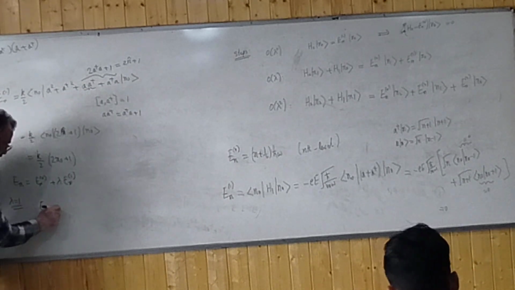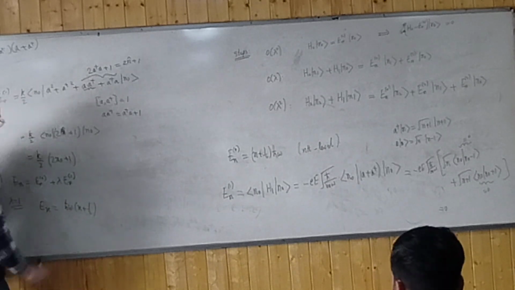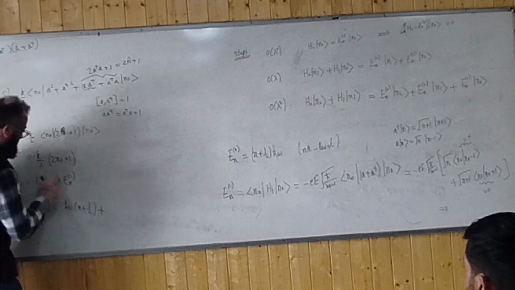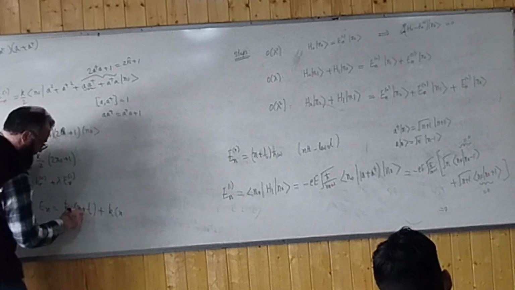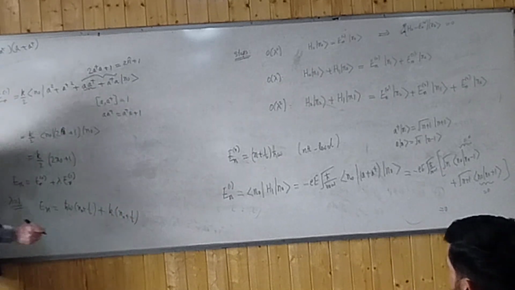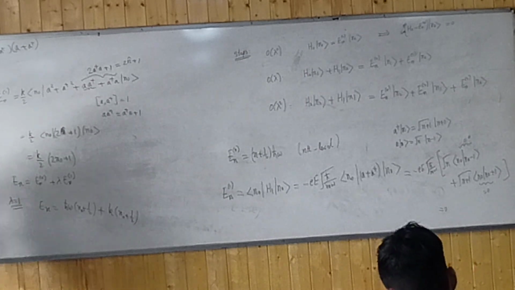So En is equal to h cross omega times n plus half. This is also equal to, if you take this 2 out, it's simply k. Sorry, I'm using n0, n0 plus half, because I use n0 to be the unperturbed level. Clear? Got it?